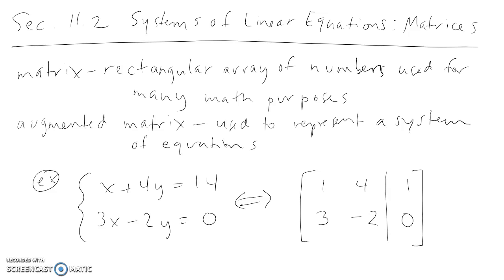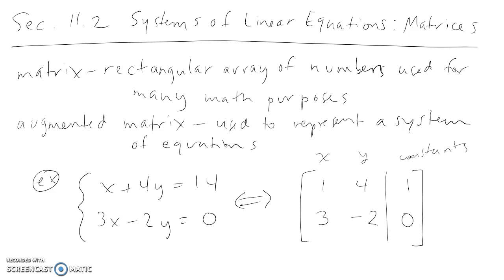We assume that the first column has the coefficients of the x's, the second column the coefficients of the y's, and the third one the constants. We have to have them in that form so that can be true.